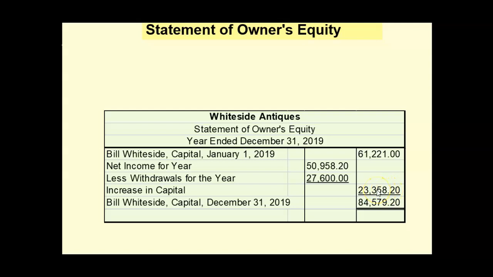Because you have an increase in capital, we're going to add the increase to our beginning capital balance to get ending capital of $84,579.20. This is known as the Statement of Owner's Equity.